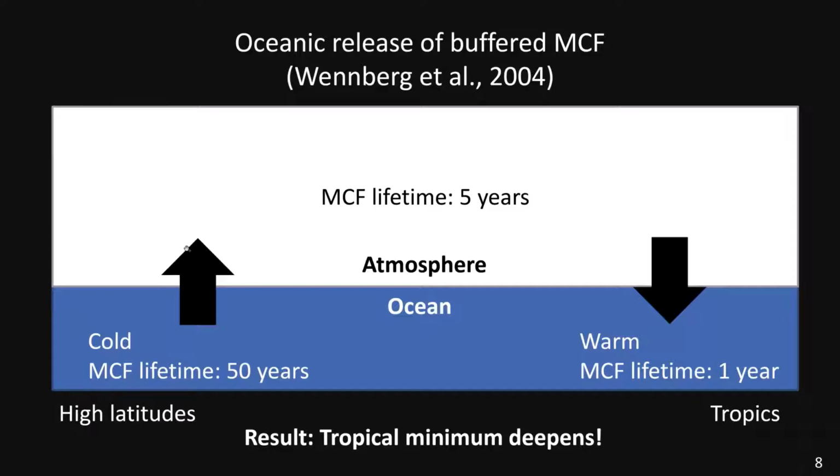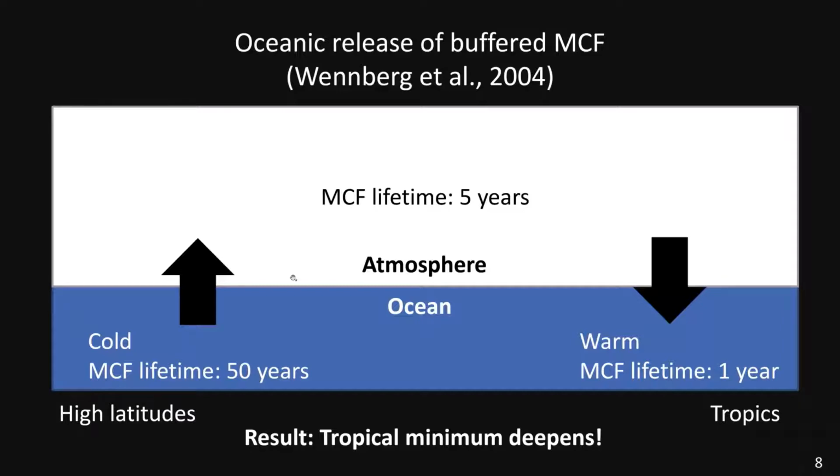So this is basically a hypothesis from this paper by Paul Wennberg, but now we seem to find evidence for this also in the atmospheric distribution of methyl chloroform. So what happens when you change from a first order ocean sink to a sink in the tropics and a source in the high latitudes is that the tropical minimum deepens because, both in the northern and in the southern hemisphere, you start to add methyl chloroform at high latitudes relative to the tropics.